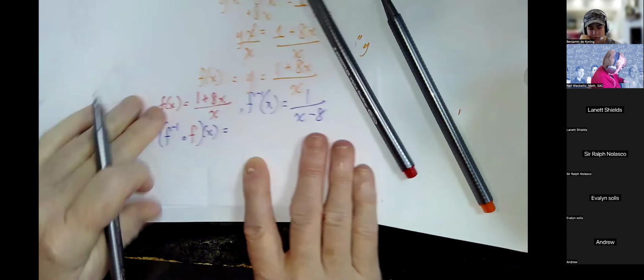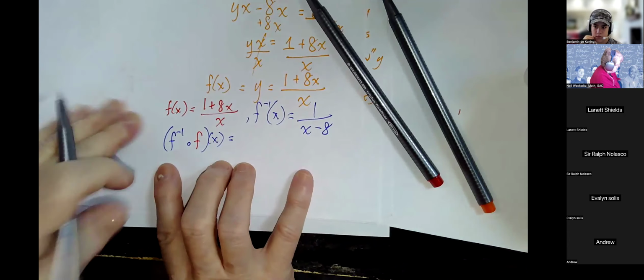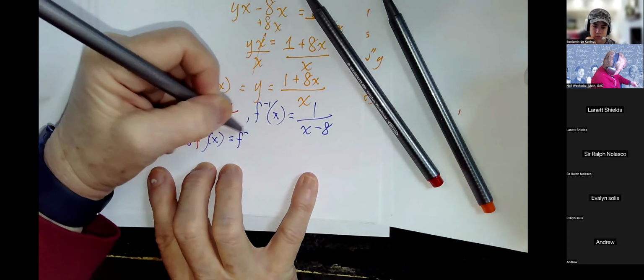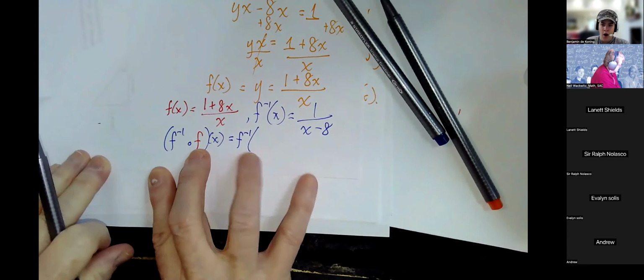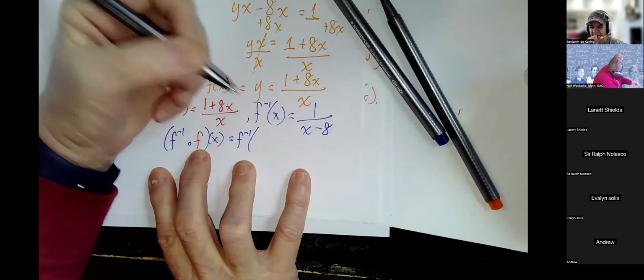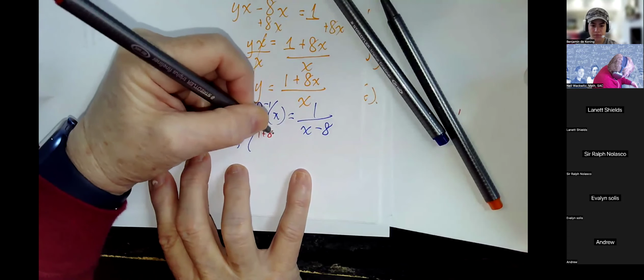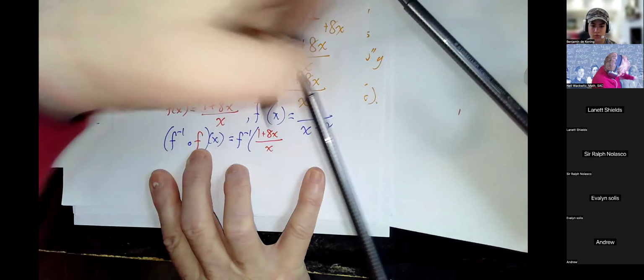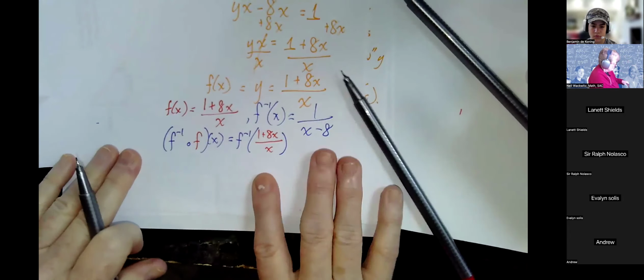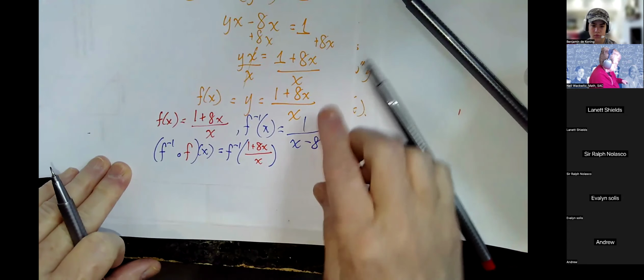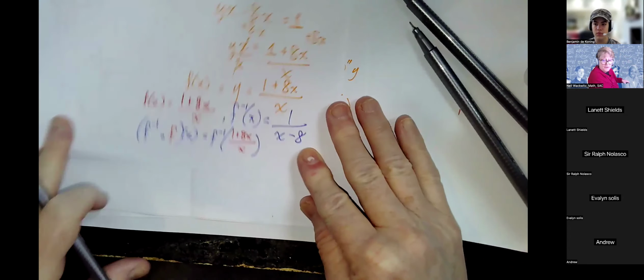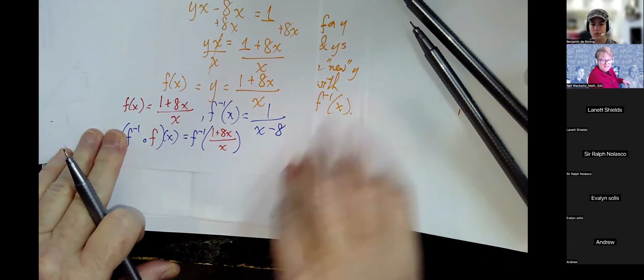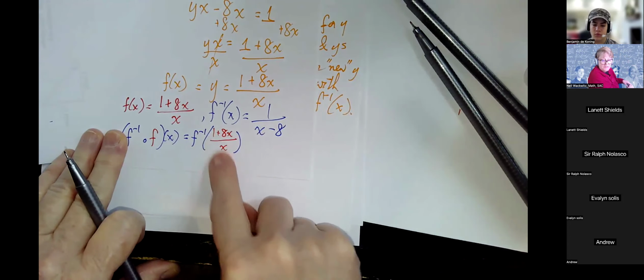And that means we've got F inverse of 1 plus 8x over x. So I'm going to write down the formula for F inverse, and instead of x, I'm going to put in this mess.